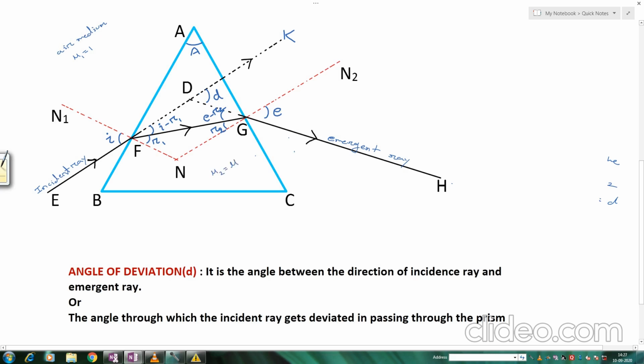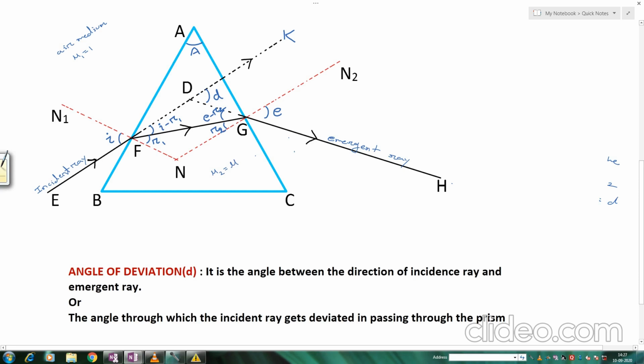We know that the refractive index of air is less than any other medium. So now the light is traveling from the optically rarer medium to the optically denser medium, so it will bend towards the normal.